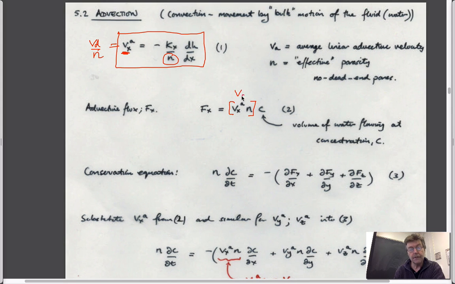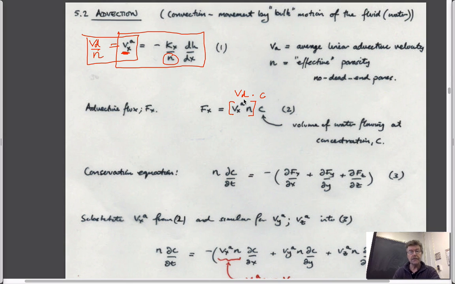If we know the rate at which the water is traveling, then we can calculate the mass flux. Let's just come back to that in a second. The mass flux is going to be the Darcy velocity multiplied by the concentration. You're using that in your current assignment, right? The Darcy velocity multiplied by the concentration gives you the mass flux per unit area.